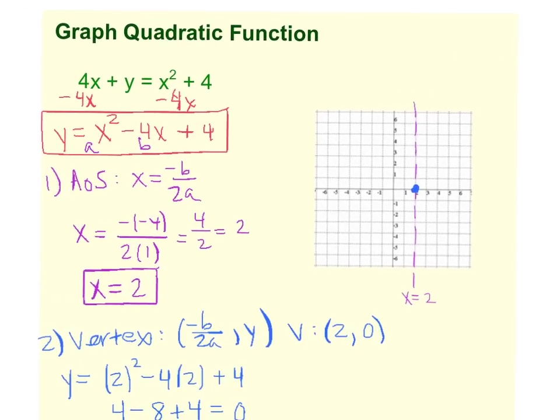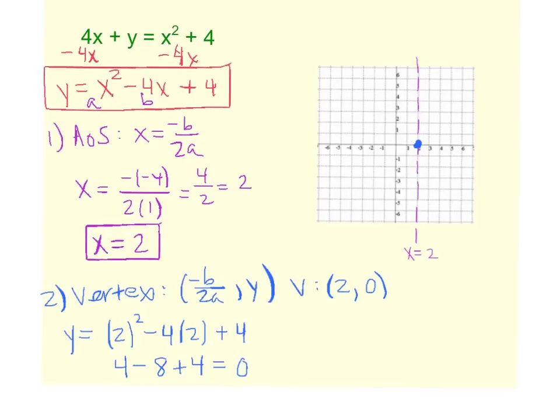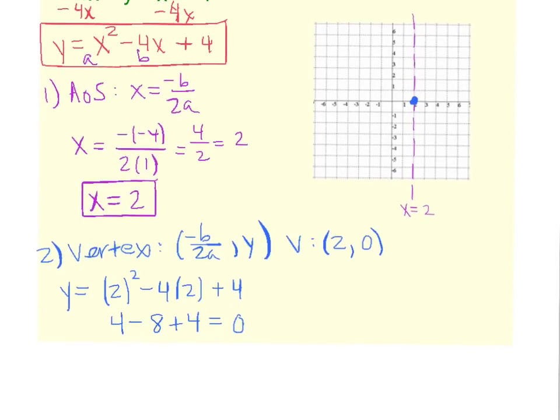Now y-intercept, the way that we find a y-intercept is you plug in 0 for x. If you look at this function up here, if you put a 0 in for this x and a 0 in for this x, those two terms cancel away, and what you're left with is just this c value right here. So in the end, our y-intercept will always be the c value.